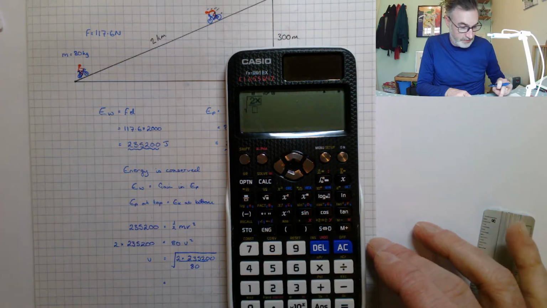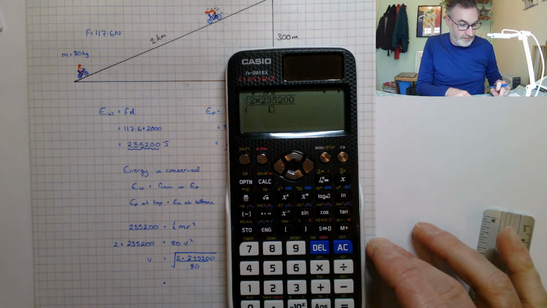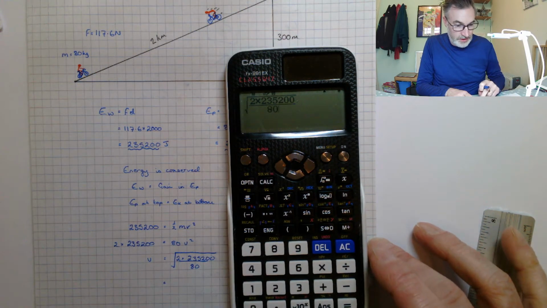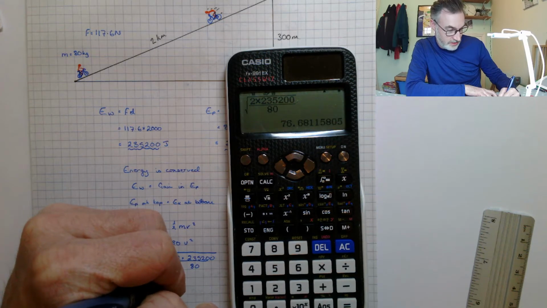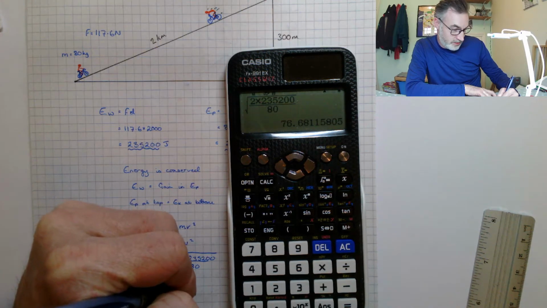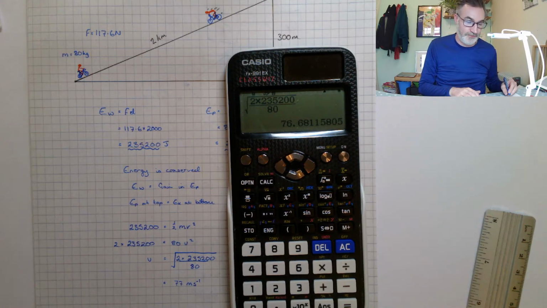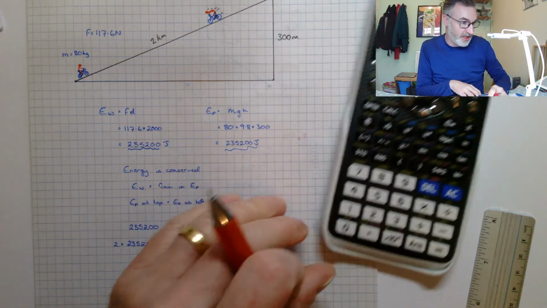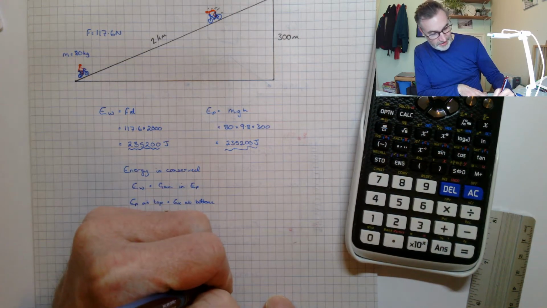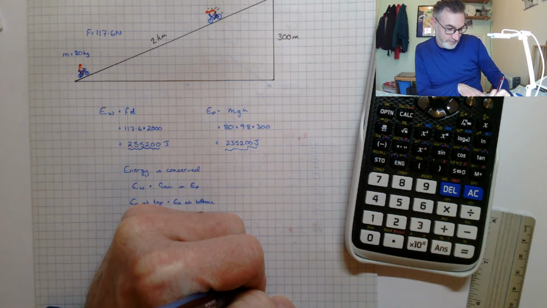So we're going to have 2 times 235,200 over 80, and that's going to give me 77 meters per second. That's pretty good. 77 meters per second works out to approximately 170 miles an hour.